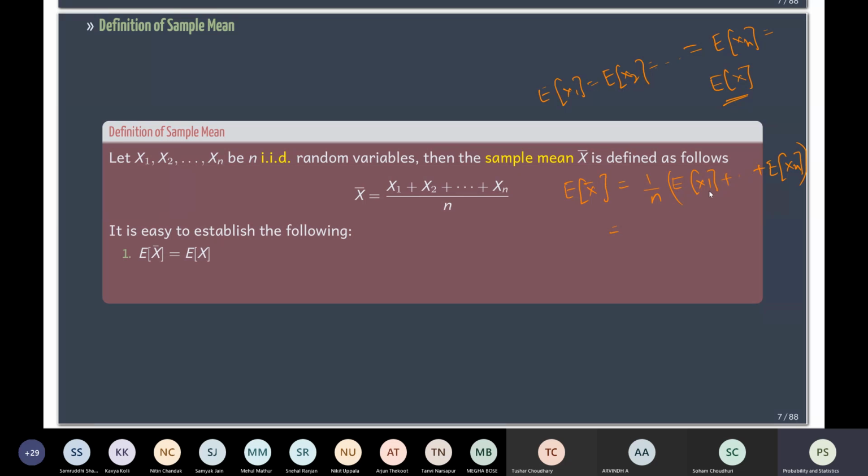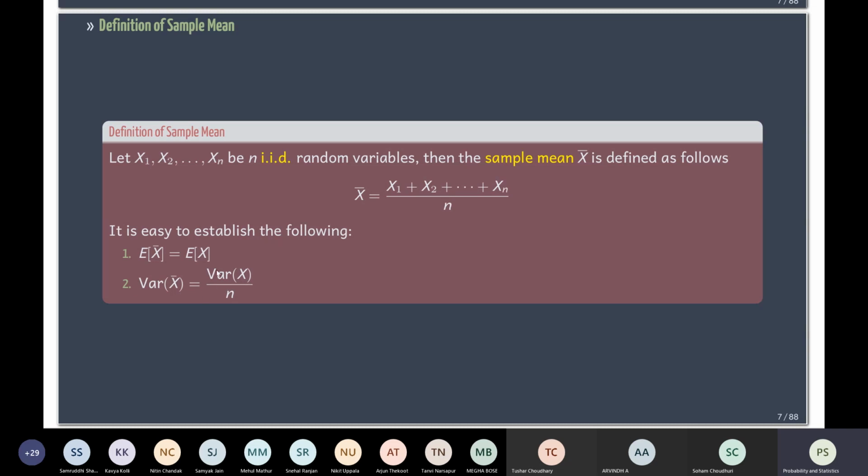So we can write all this as n times the expectation of x, because there are n of these, divided by n. So this is the expectation of x. The expectation of the sample mean is the expectation of the underlying distribution that they all follow. So that was easy.